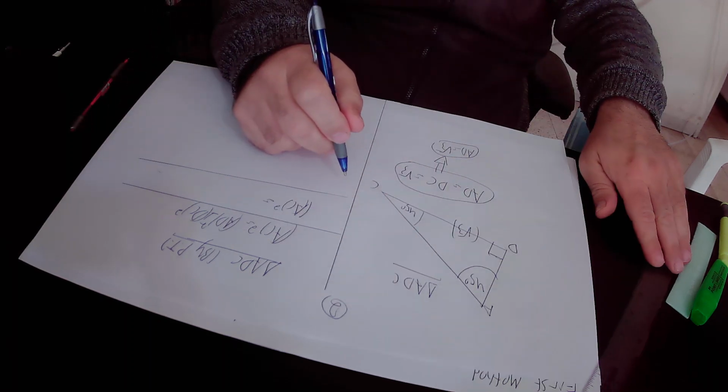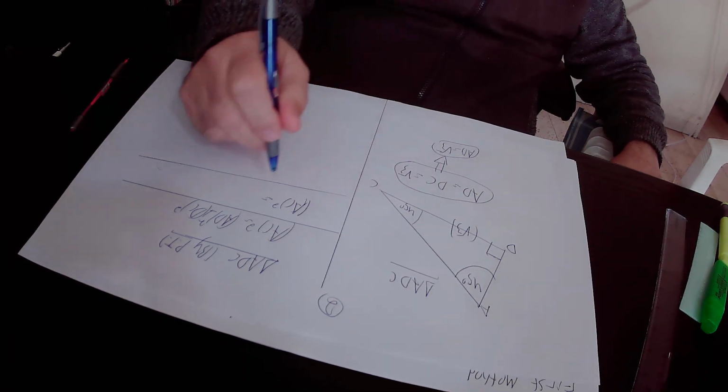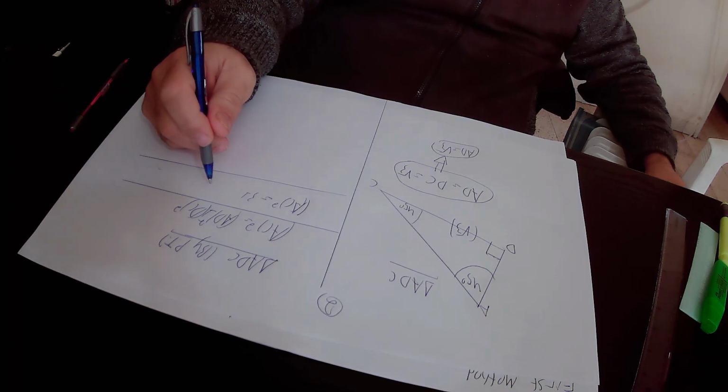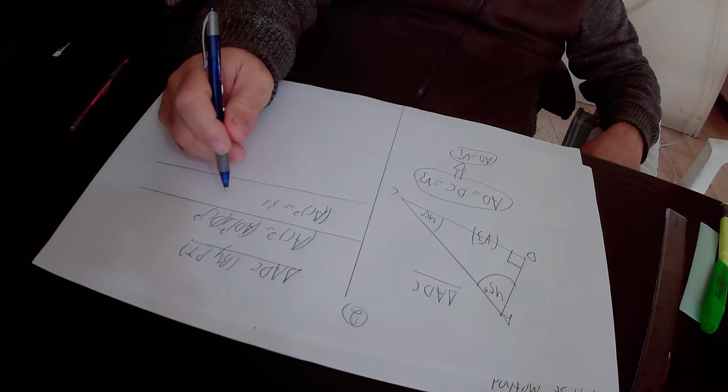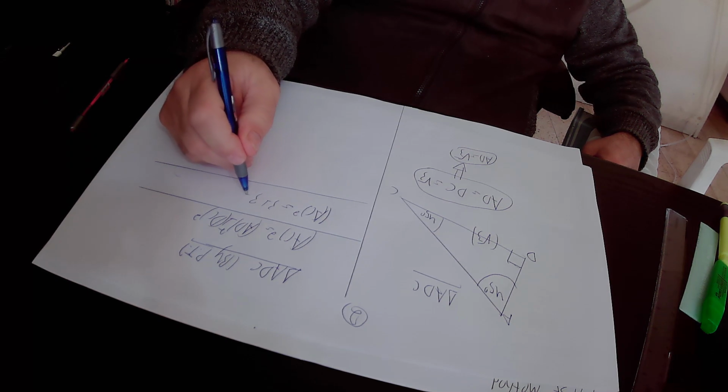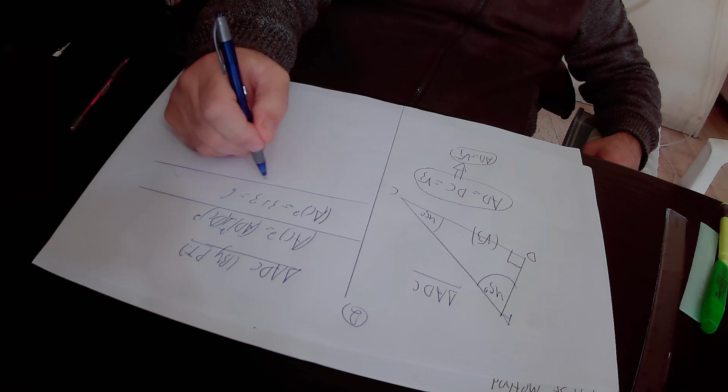AD is equal to 3, therefore AD squared is equal to 3 squared, that is 3, plus DC squared. DC is equal to 3, therefore DC squared is 3 squared, that is 3. So in total, AC squared equals 3 plus 3, that is 6.